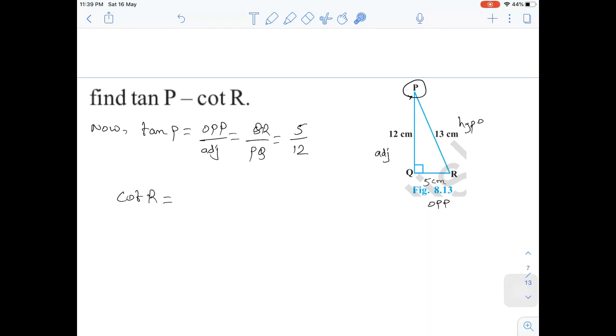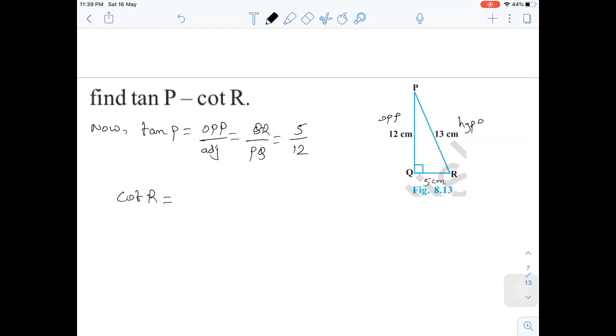So for this angle, that is R, the opposite side is PQ and QR will be the adjacent side. So for angle R, PQ is its opposite side, and QR is its adjacent side.